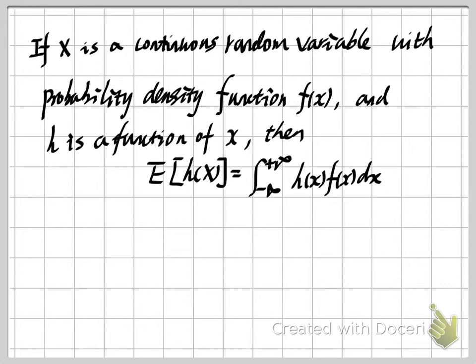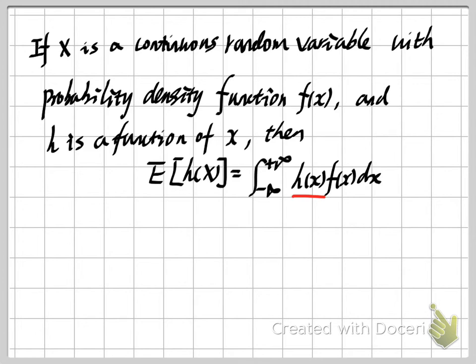The mean of h(X) is defined as the integral from negative infinity to positive infinity of h(x) times f(x) dx. For the example of h(x), it can be many things.